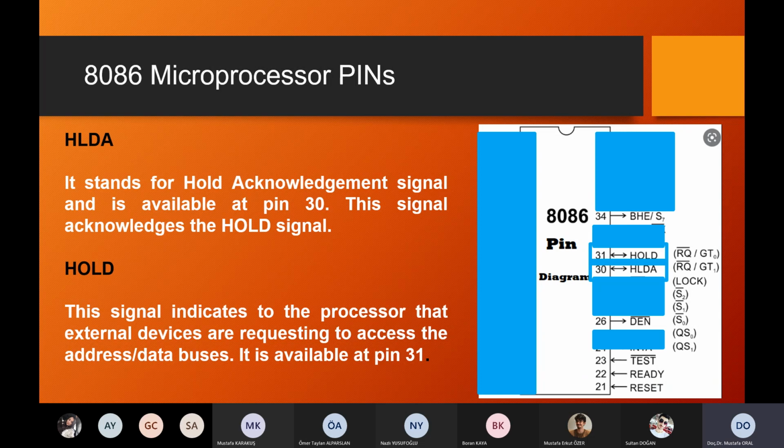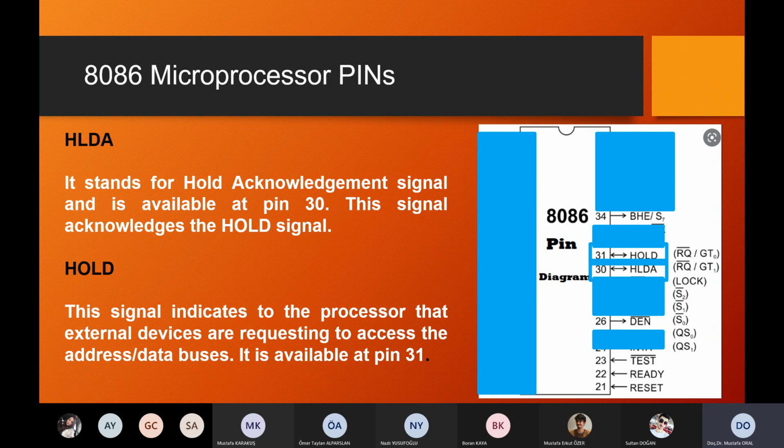By informing using the hold acknowledge signal, it says that I will be dealing with whatever the function is. What is the function? Hold and hold acknowledge is used when there is more than one owner, one microprocessor, maybe a direct memory access device, which wants to get the ownership of the address and data bus.